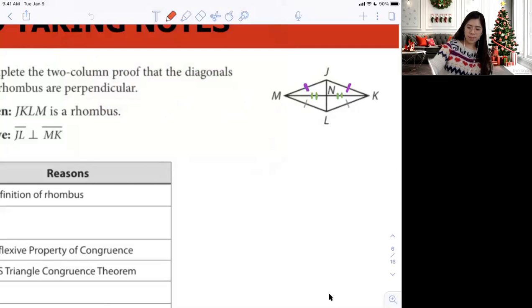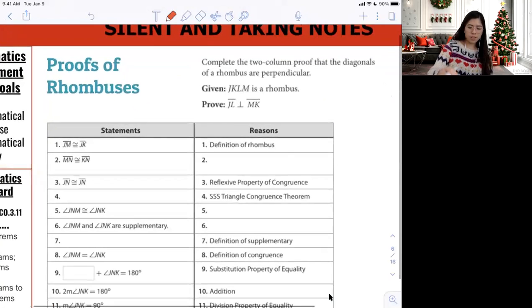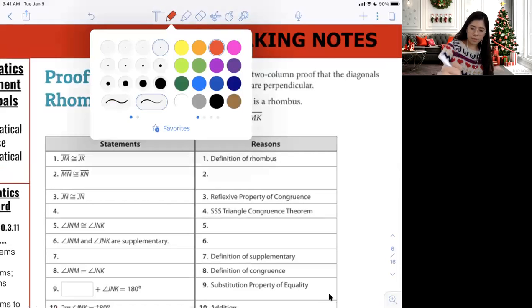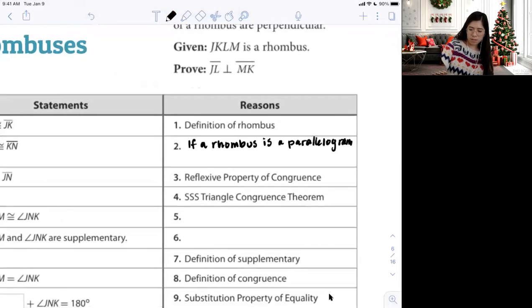Thank you, Emily, because the diagonals of a parallelogram bisect each other. And we can also add here that if a rhombus is a parallelogram, which it is, the diagonals bisect one another.